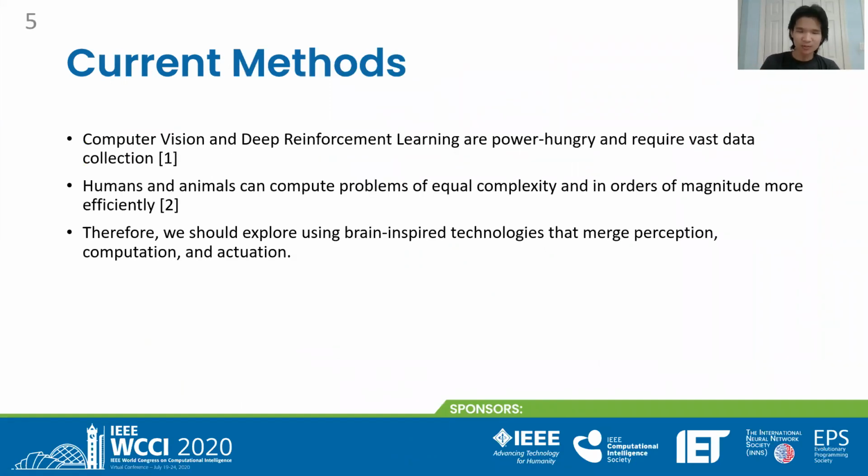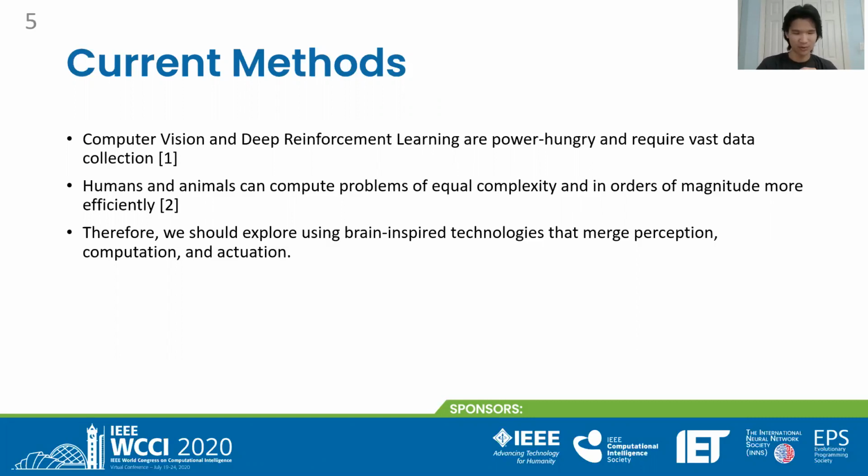So, computer vision and deep reinforcement learning, we know that these algorithms are very wonderful and they do many powerful tasks, but they are also very power hungry and require vast amounts of data, which in robotics is very hard to obtain. When we look over to how humans and animals work, though, we can see that they compute motion problems of equal complexity orders of magnitude more efficiently, meaning they can perform with far less data and electrically more efficiently.